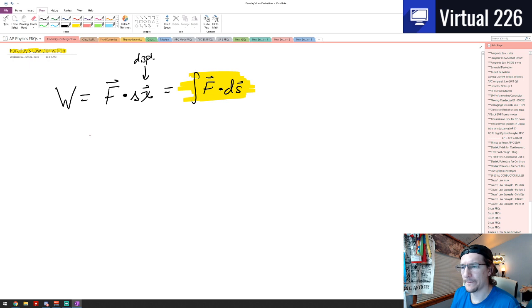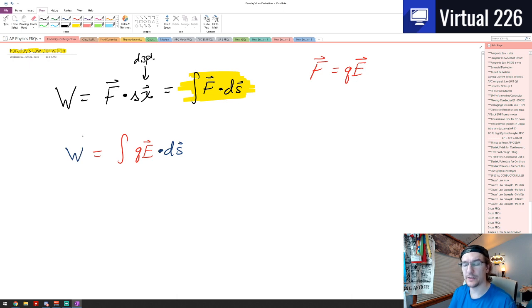Well, if I'm talking about E&M, electricity and magnetism, let's think about force real quick. We know that force can be thought of as a charge multiplied by some electric field vector. So let's try that. F equals QE. And since that E is a vector, I could still dot this with ds, and that will have to equal the work, which is kind of cool.